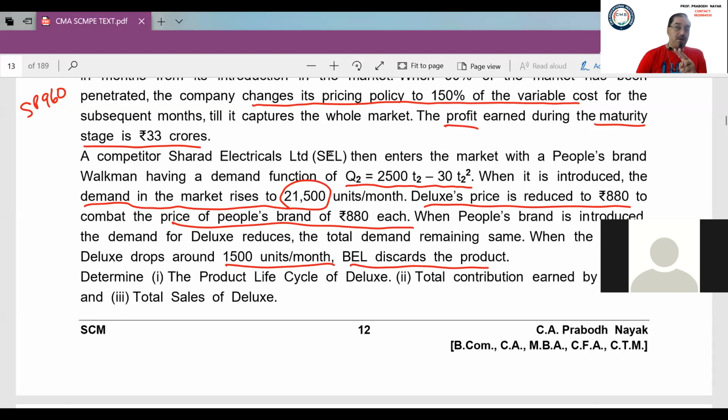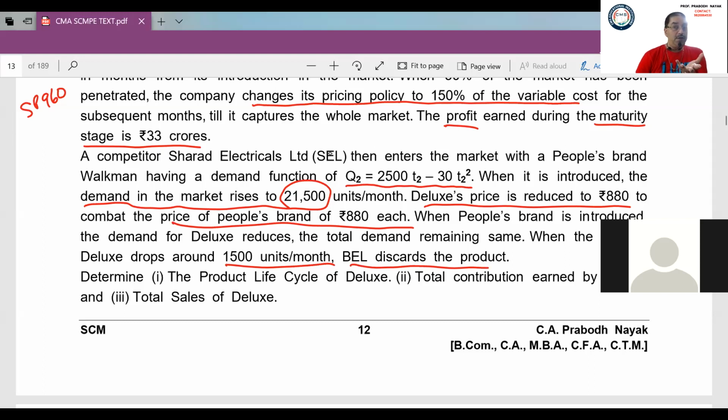Third, total sales of Deluxe. Total sales, not sales for the first year, not sales for the first period. Total sales for the entire period, entire life cycle.